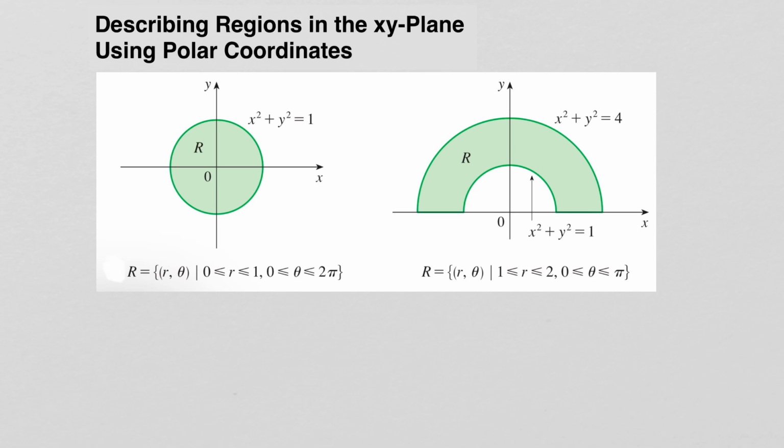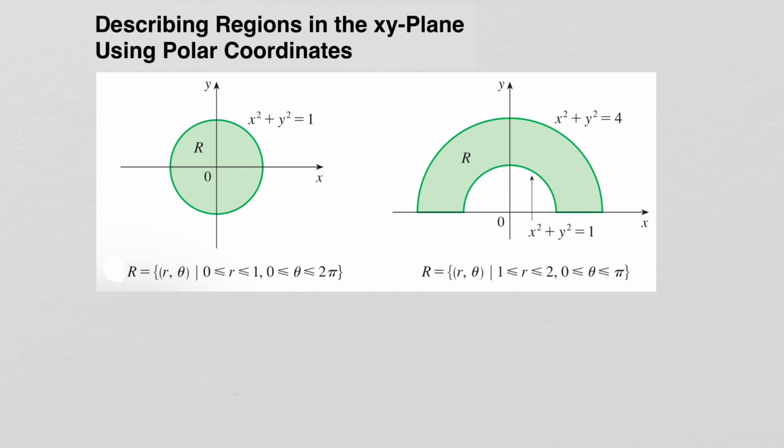Now consider the half circle here with another circle cut out of it. So this circle here has a radius of 1 unit, and this circle has a radius of 2 units. And I want all the points in between those two circles, but only in the upper plane.